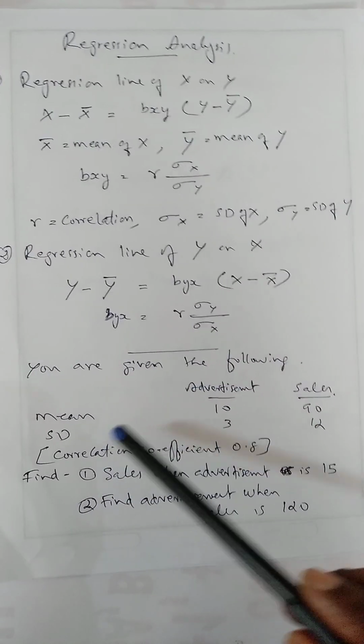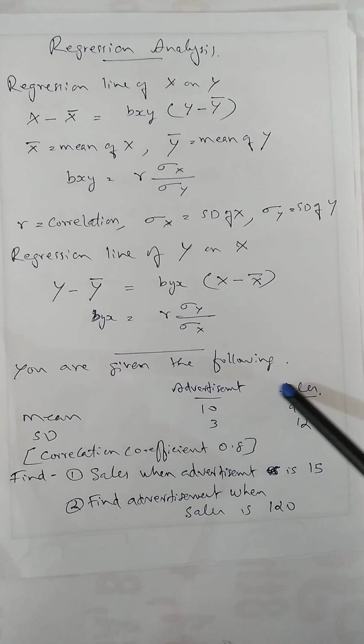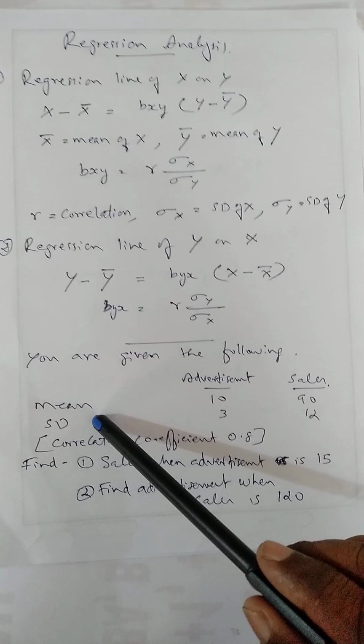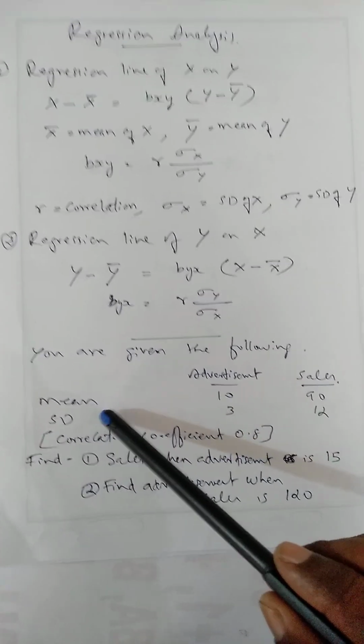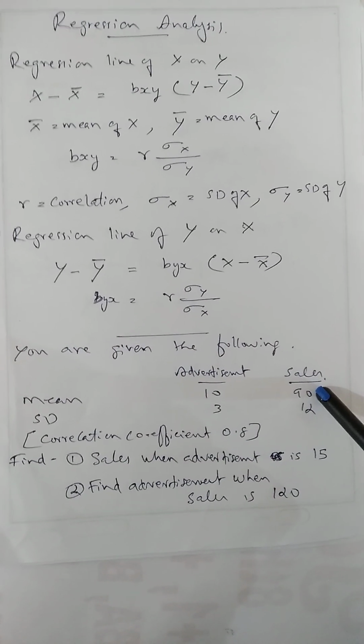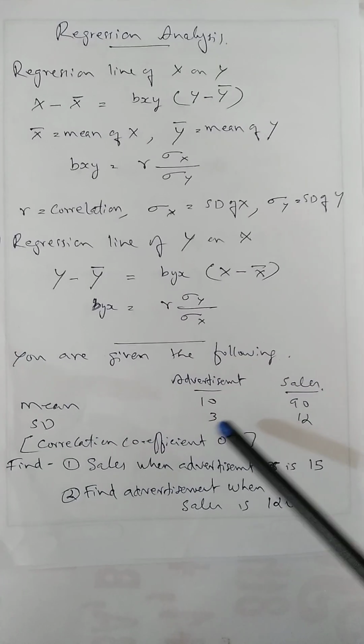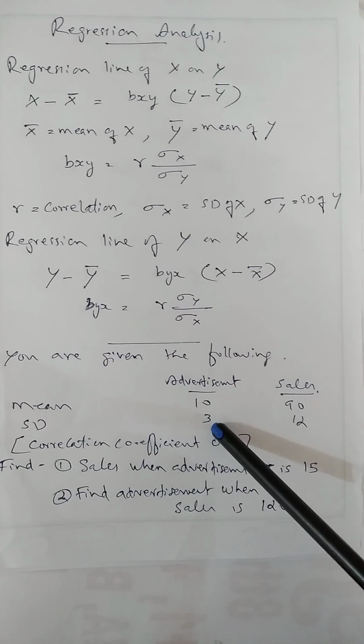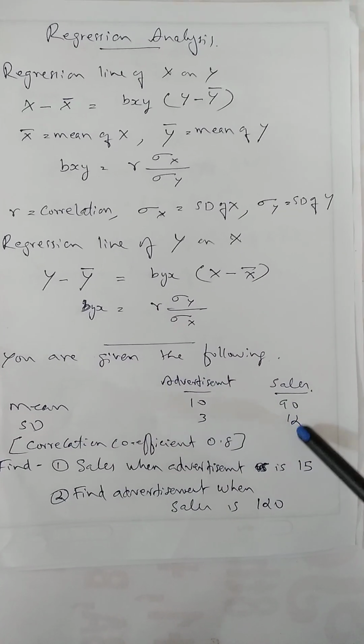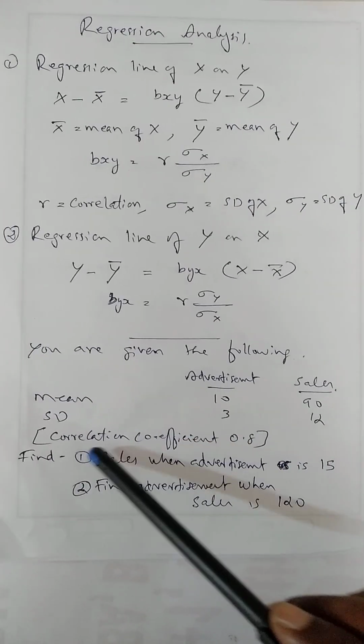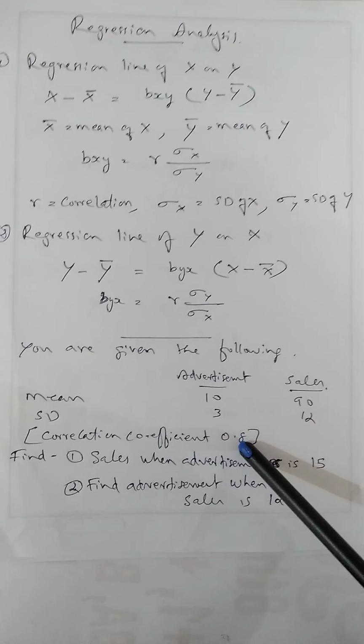It's a question, two columns are there, advertisement and sales. Mean of advertisement is 10, mean of sales is 90. Then standard deviation of advertisement is 3, then standard deviation of sales is 12. Correlation coefficient is given.